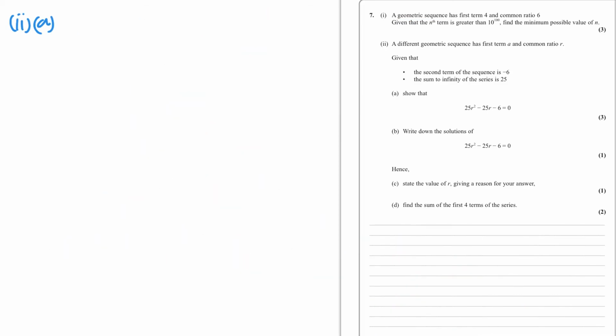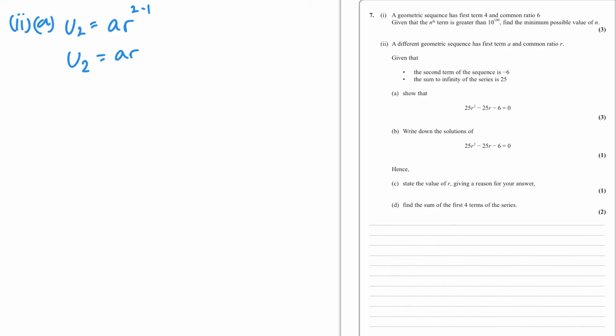So now we've got a different sequence. The second term of the sequence is minus 6. So u2 equals AR^(2-1), so u2 equals just A times R, which is kind of obvious, but just wanted to take the steps.